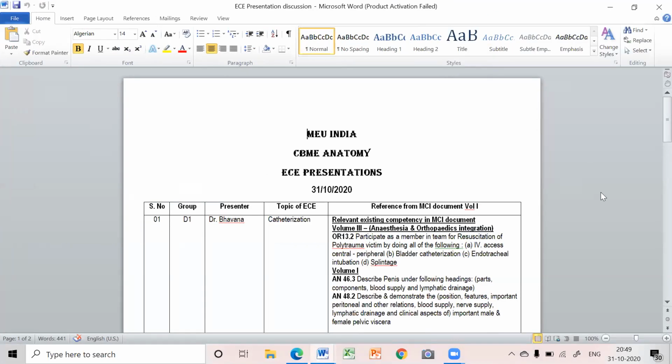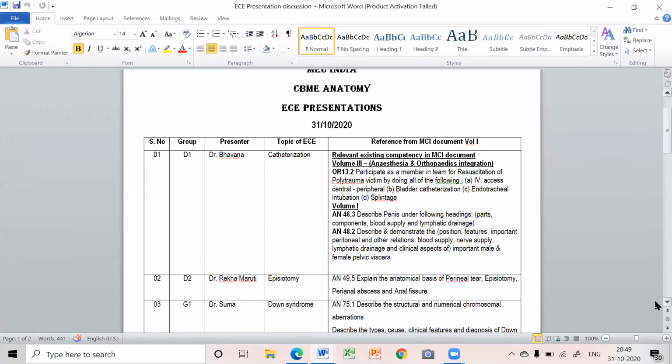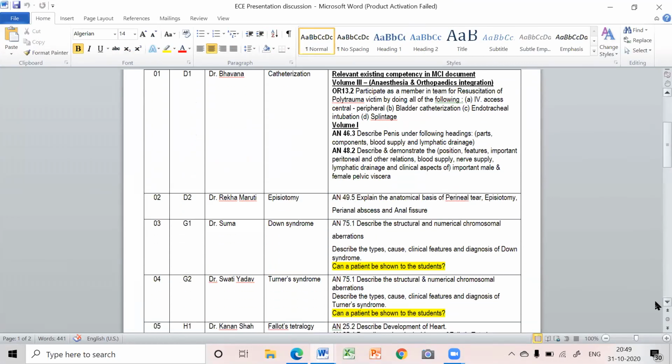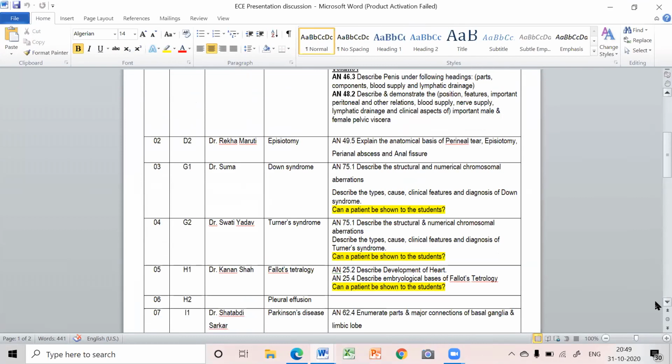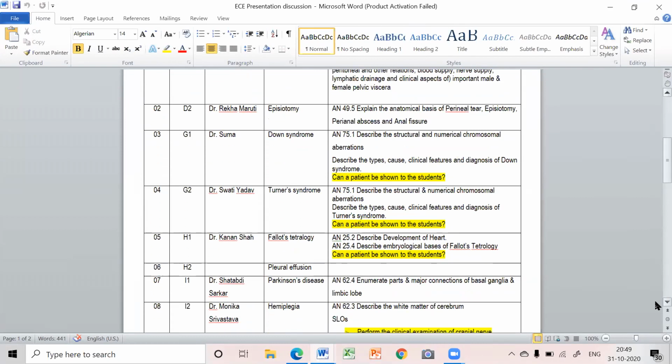From the presentations sent to me, I had some small queries, ma'am. Not in all the presentations, only in a few. Down syndrome and Turner's. Initially, in what I received, the use of a patient in the session was not included. So I commented, can a patient be shown to the students?